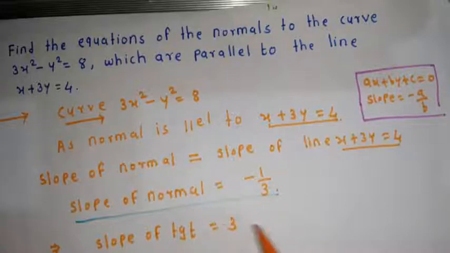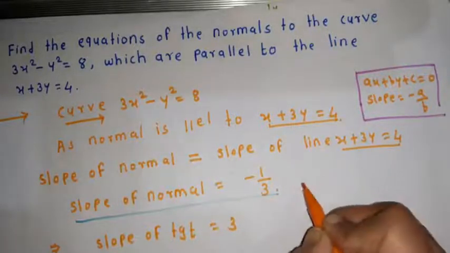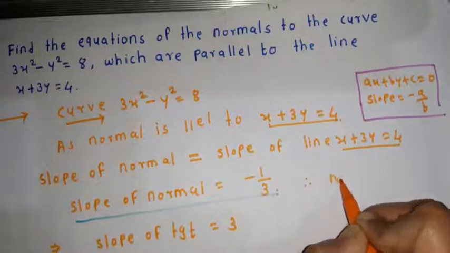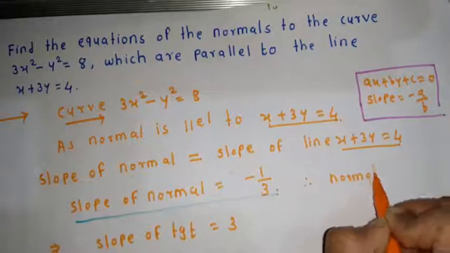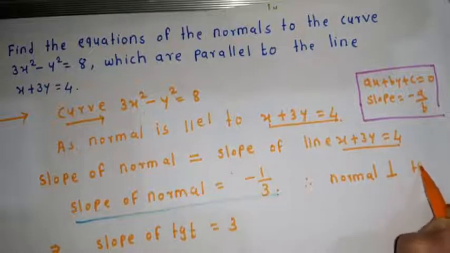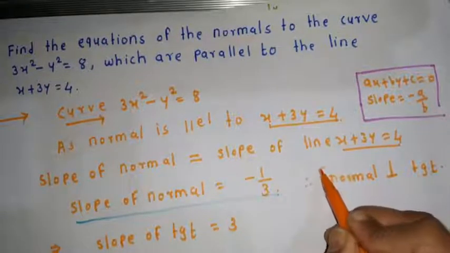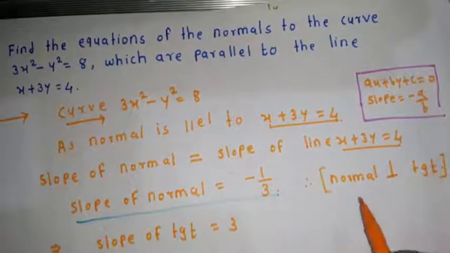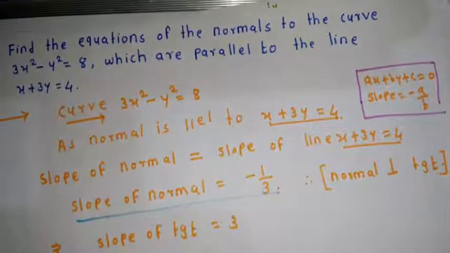Why? Because the normal is perpendicular to the tangent, and therefore their product of slopes equal to minus 1.